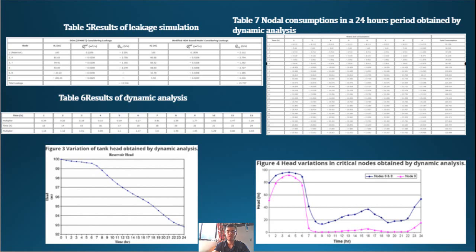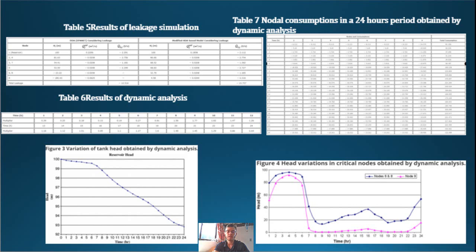HDA is conducted and the variation of the tank head within a period of 24 hours is presented in Figure 3. As can be seen from this figure, the tank head changed from 100 to 19.2 meters. The values of nodal discharge and the total outflow are shown in Table 5.